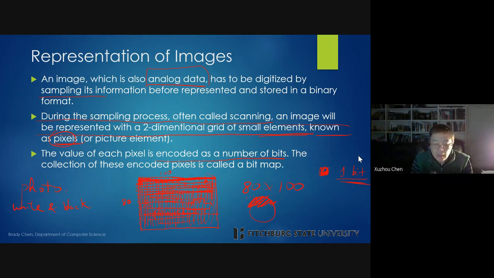Now the color of the picture is kind of different, because you may have various different colors: red, blue, green, purple, black, white, gray, dark gray, dark blue, light blue, or various other kinds of color.